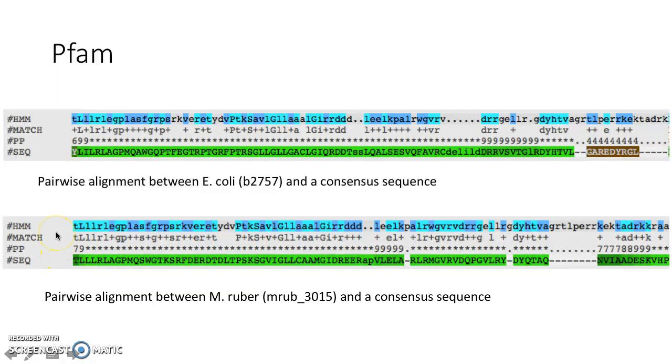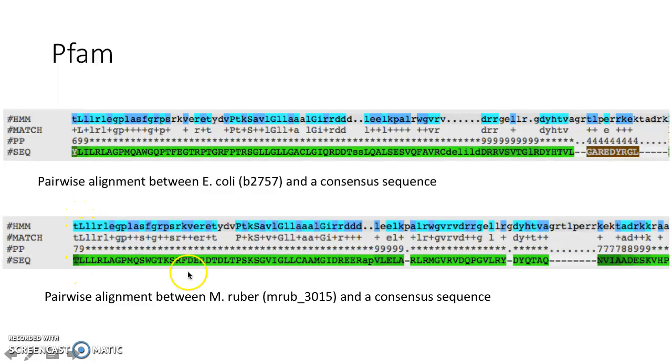Going back down to Myothermus ruber, the pound HMM is our MRUB 3015 sequence, and the pound sequence is the consensus sequence pulled up by PFAM. This one had less conserved amino acids, but we still have a few.